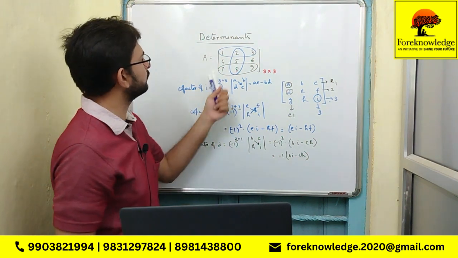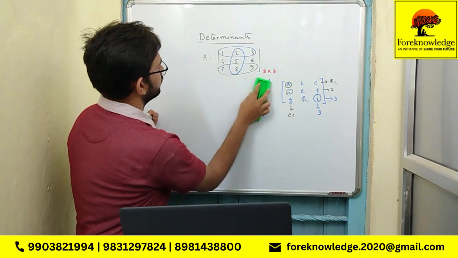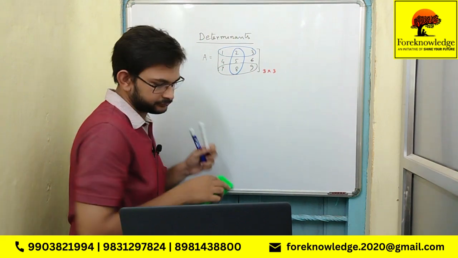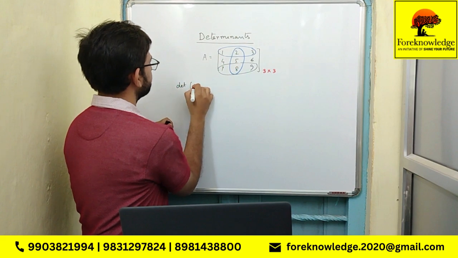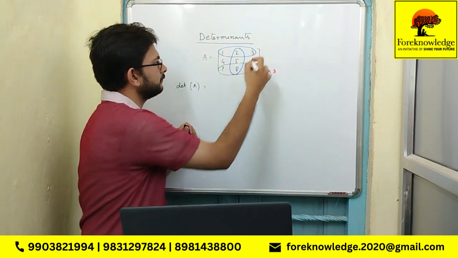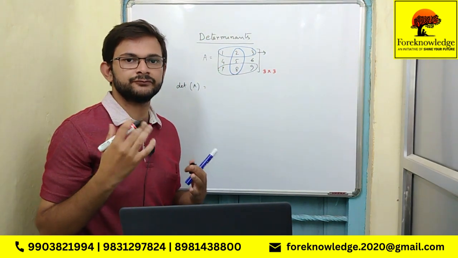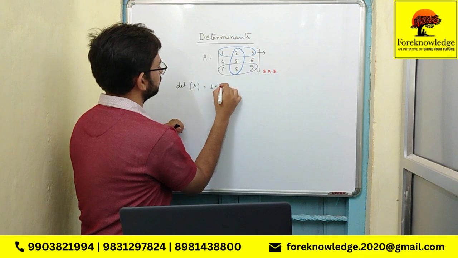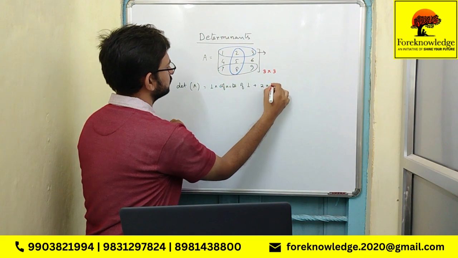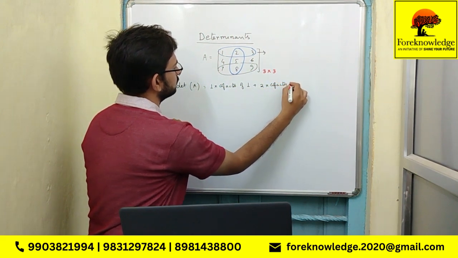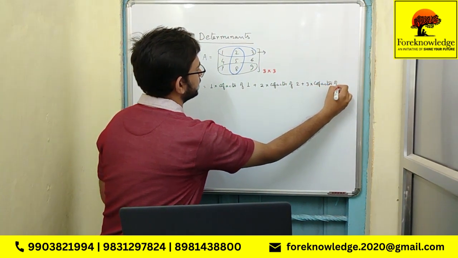We have to calculate the determinant of A. I am calculating the determinant of A along the first row. So 1 into cofactor of 1 plus 2 into cofactor of 2 plus 3 into cofactor of 3.